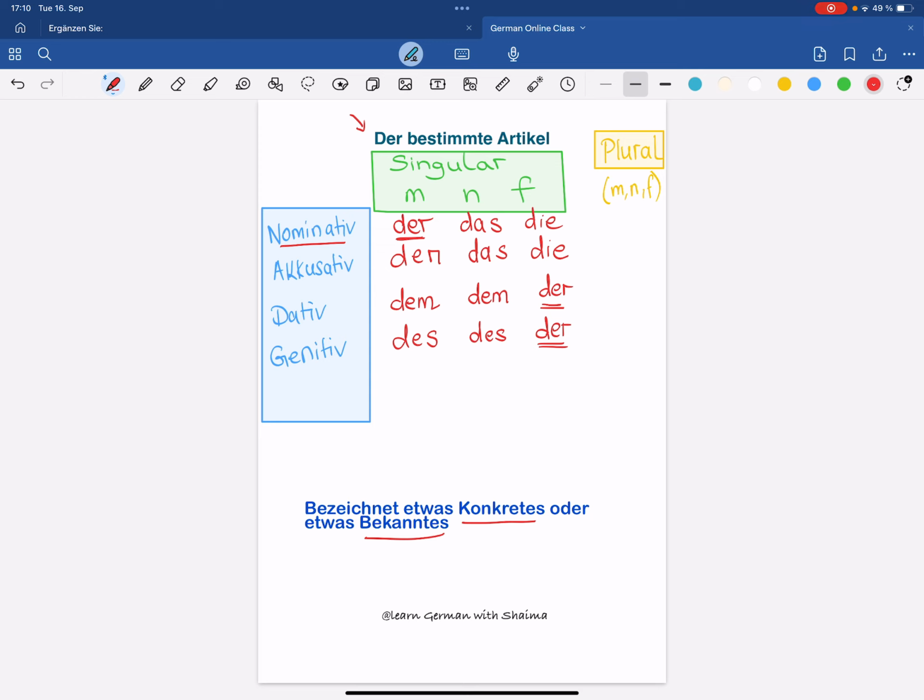The plural is very easy because in nominative as well as in accusative, the plural form is die. So it will be die Männer, die Frauen, die Kinder. All three genders have the article die. In dative, it's den, and in genitive, it's der.